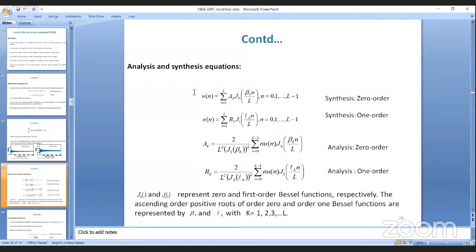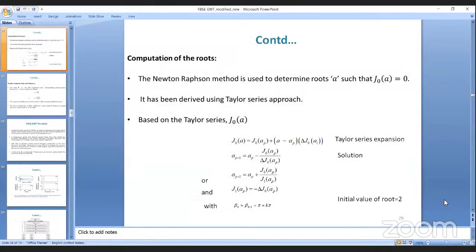And here in both expressions, 0 order and 1 order, this alpha k and beta k are the roots of these 0 order and first order Bessel functions, and these roots we have computed using the Newton-Raphson method.